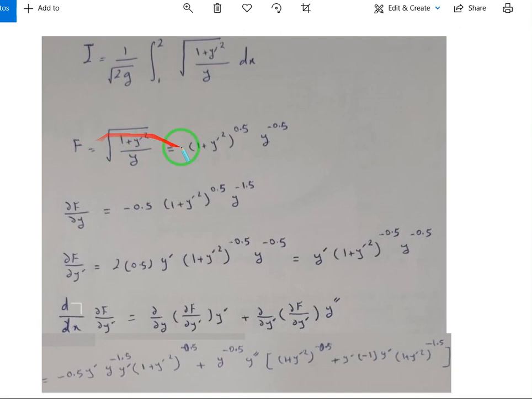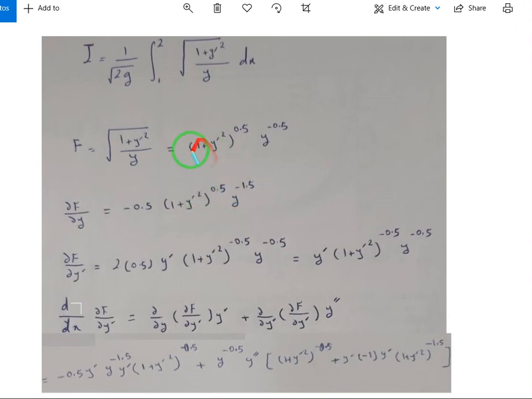I can rewrite this equation as 1 plus y dash squared, all of them to the power of 0.5, and all of them multiplied by y to the power of minus 0.5.